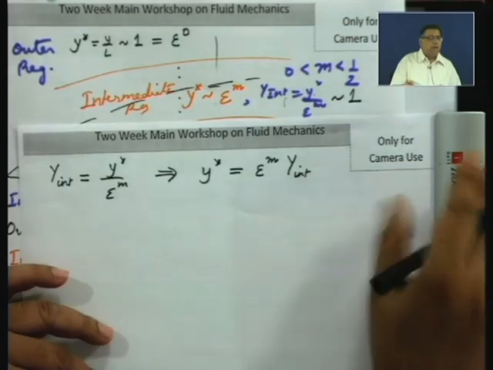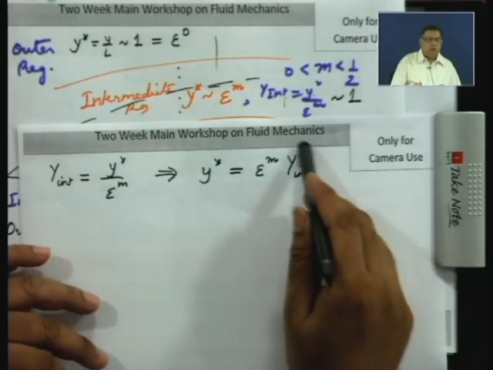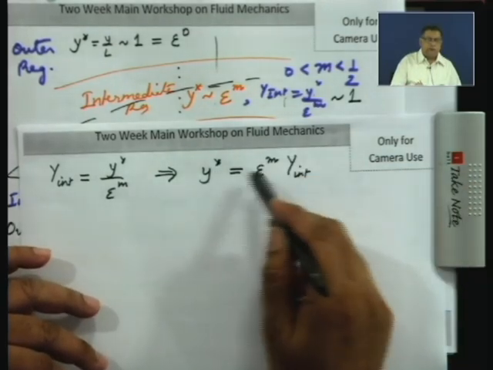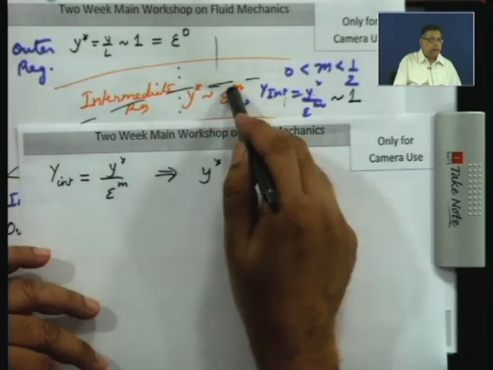And what we are trying to say is that in the intermediate region this coordinate is order 1. So, y star is order epsilon to the power m, which is what I had written earlier.